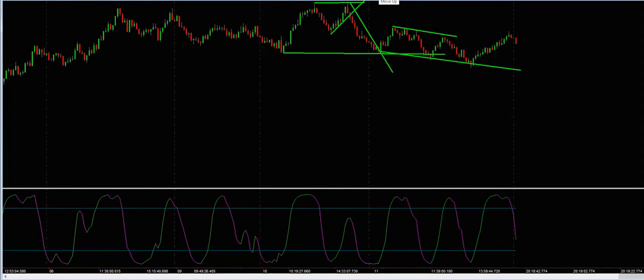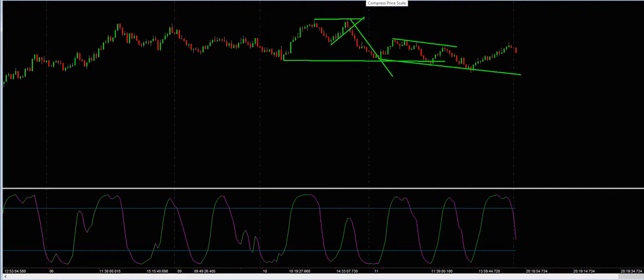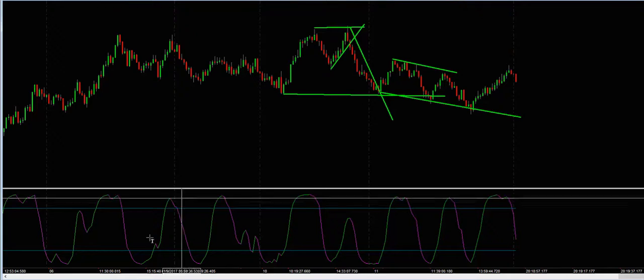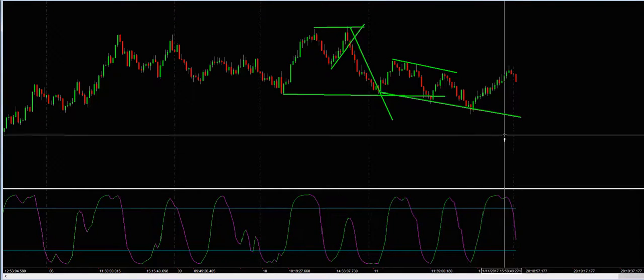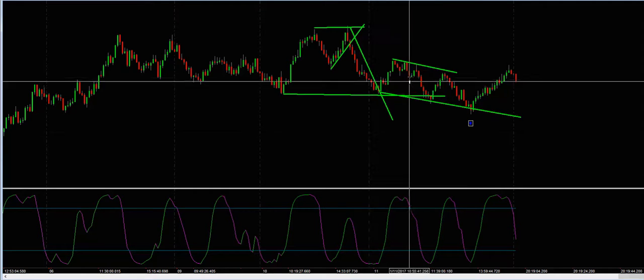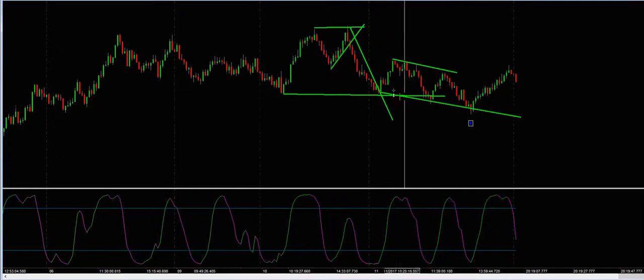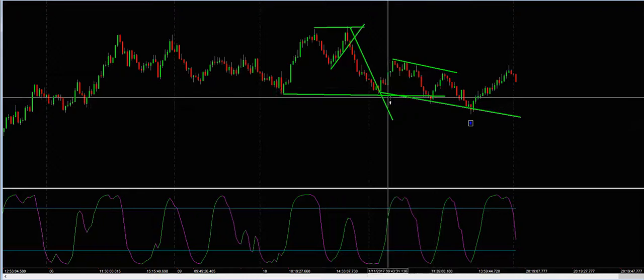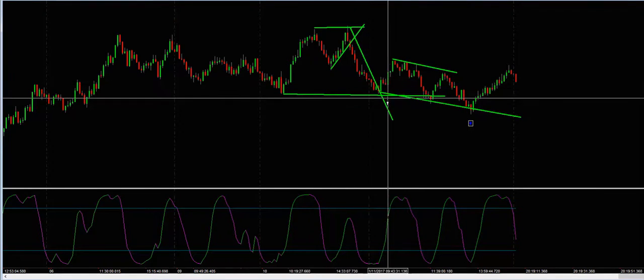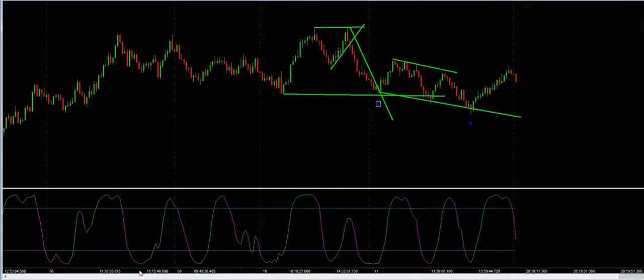So let's see if I can mark this chart and see how it went. So it should be long here. And it should be long here because of this retest.